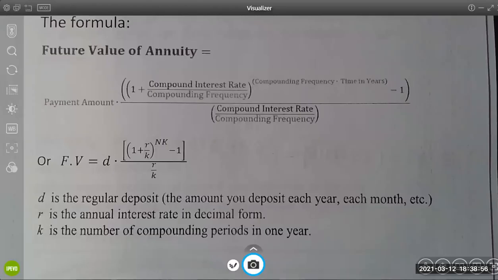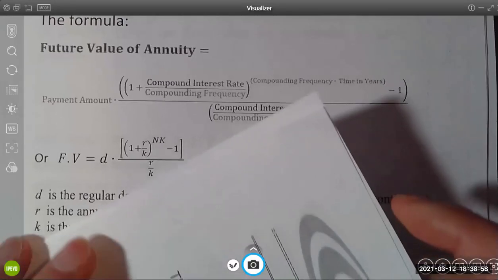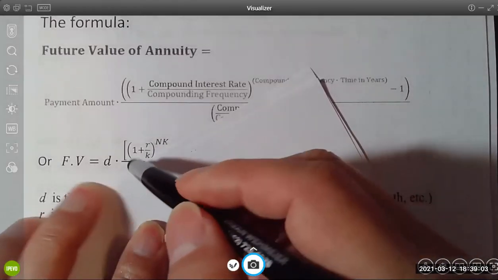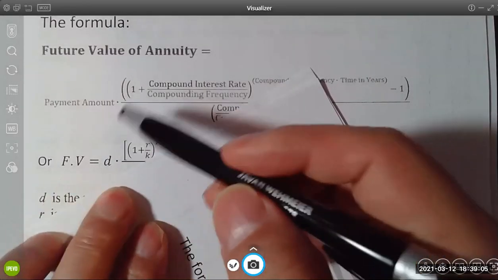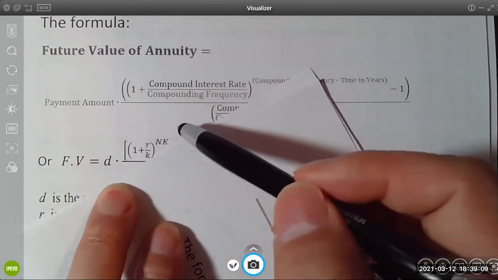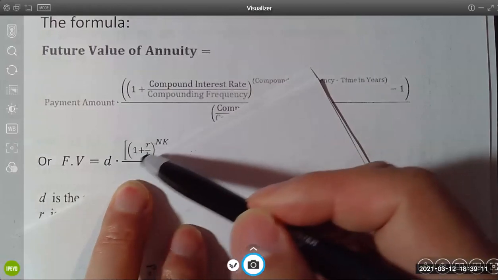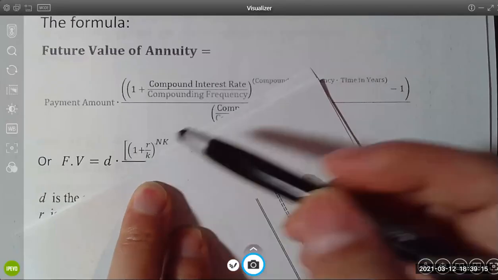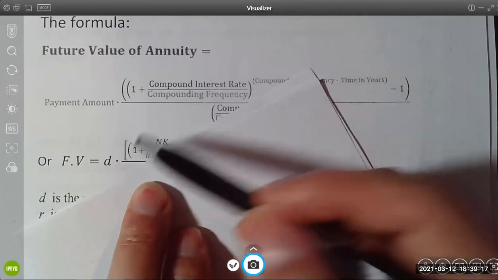Now, I don't know if you noticed that or not. It's very interesting here. If you only look at this portion of the formula, D is the deposit. If this D becomes a one-time deposit, like that P0, this is exactly the same formula that we use to calculate the compound account value in the end, right? This is the compound interest formula, exactly the same.